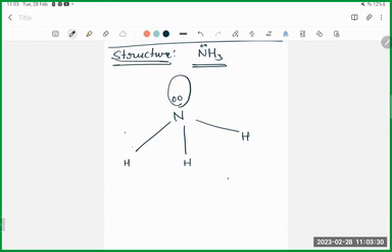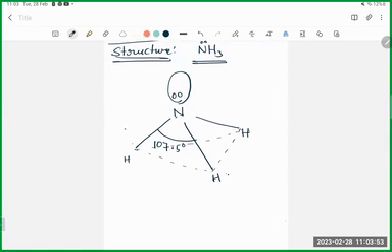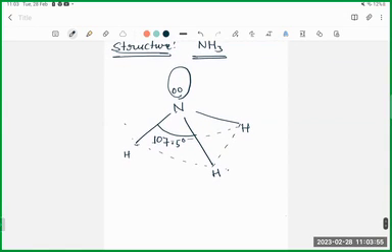So look at the structure over here. The angle comes to 107.5 degree at the nitrogen. So basically they go to a different shape. What do you call the shape? The pyramidal shape. It does not come to tetrahedral. Why? Because it looks like sp3.